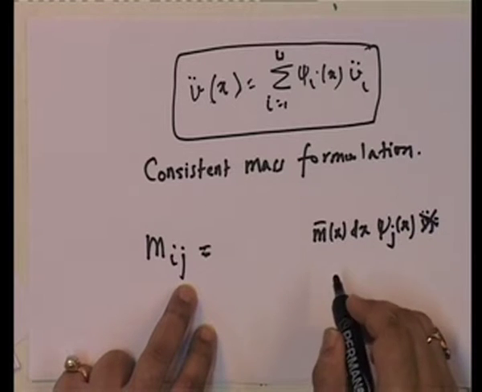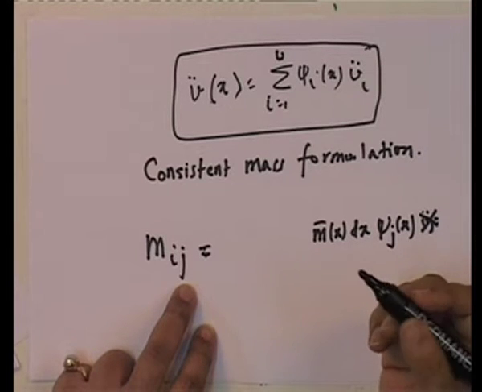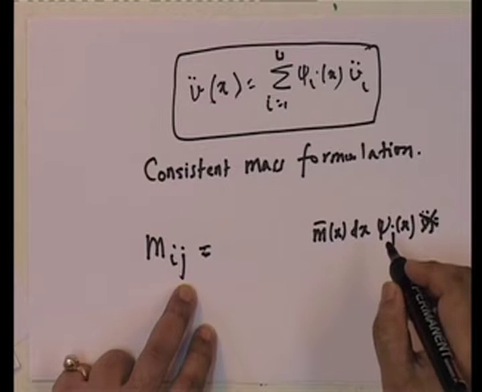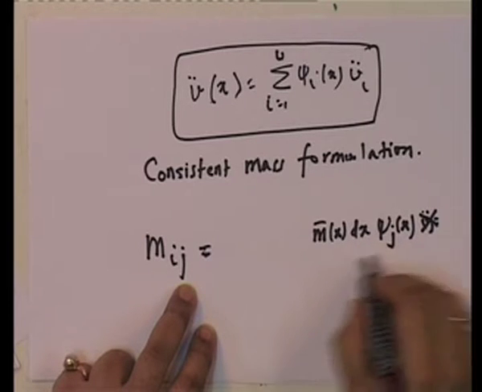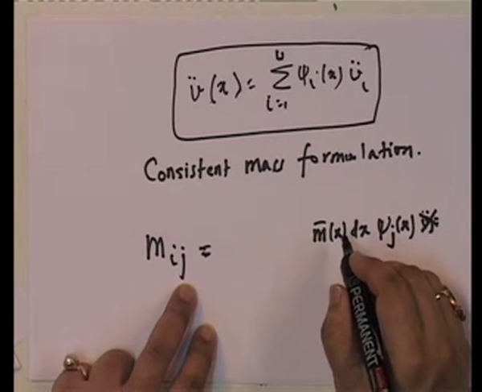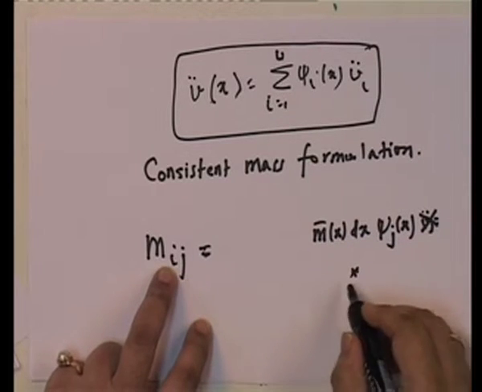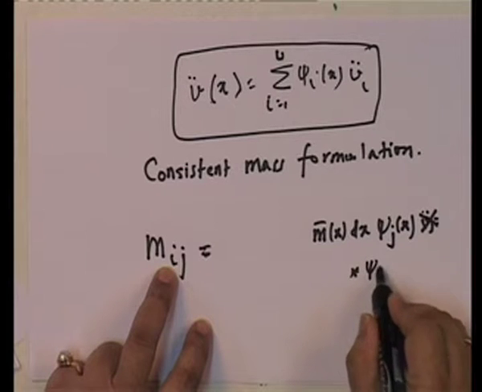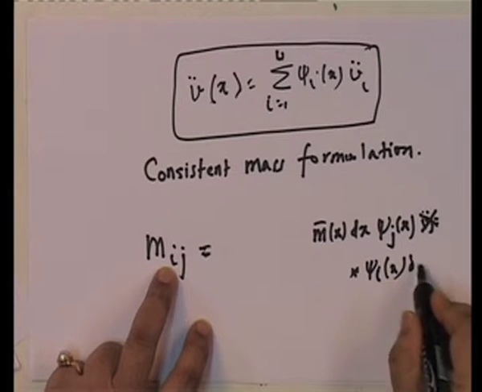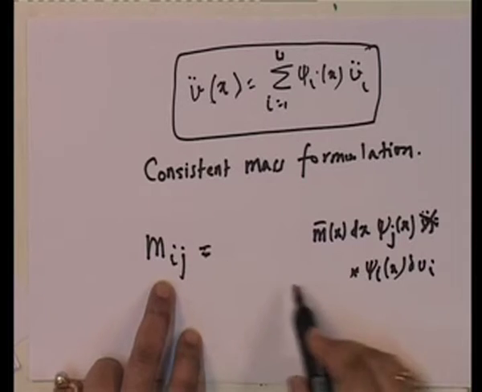Now, using PV, again using the principle of virtual displacement, this force is multiplied by the displacement at that particular point due to the unit acceleration. So, this will become xi I x del V I, that is m I j.